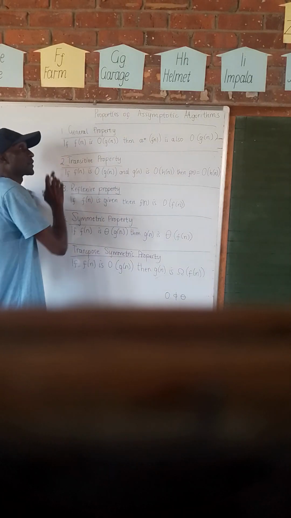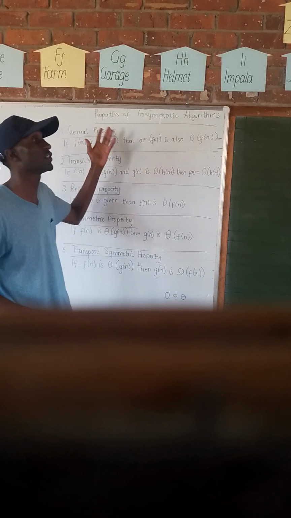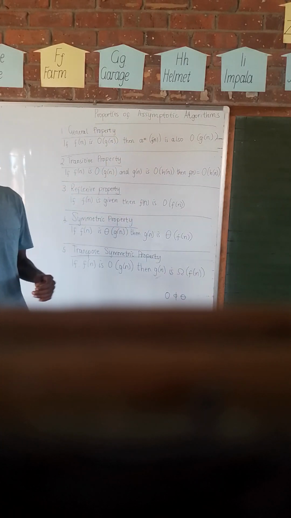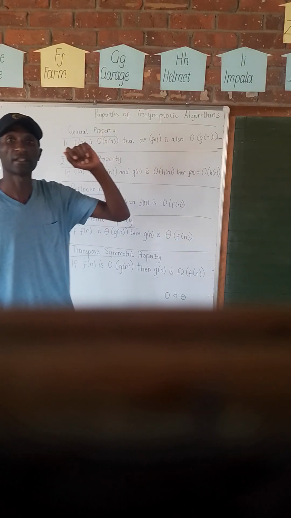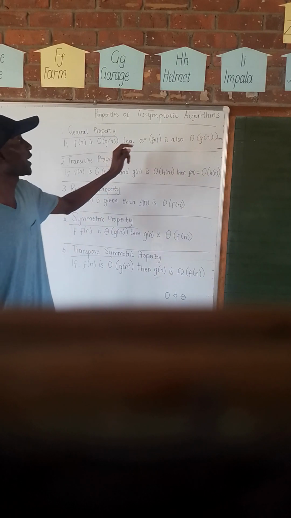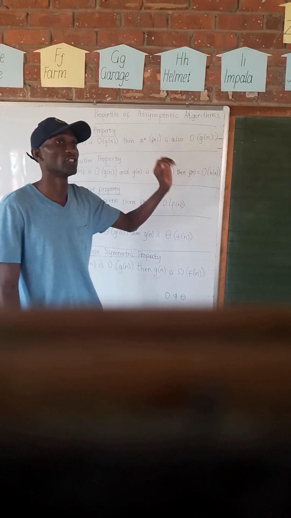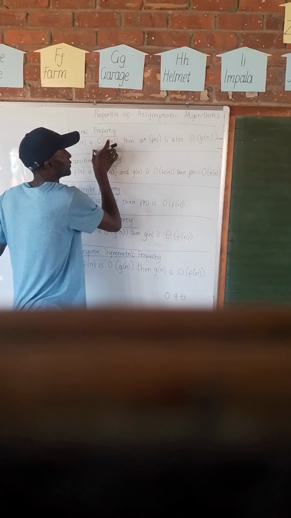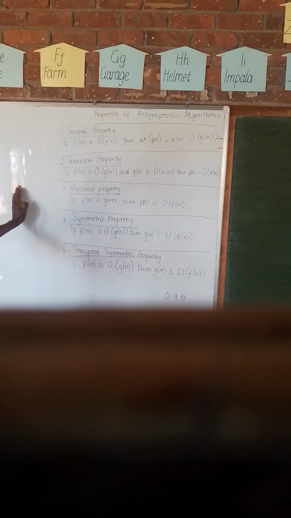It states that if a function is given as O of g of n, then a, remember a is a constant, and in this case, a is multiplying a function, then a multiplied to a function is also O of g of n. So if you look closely at these two functions, there is no difference, there is no adjustment.